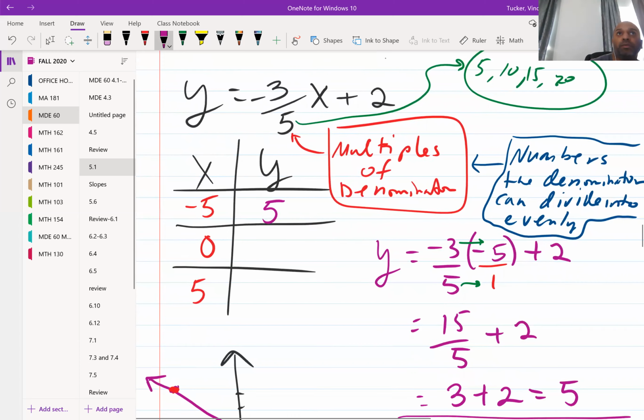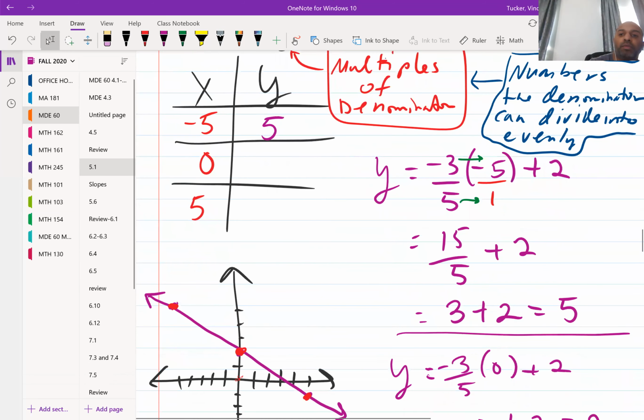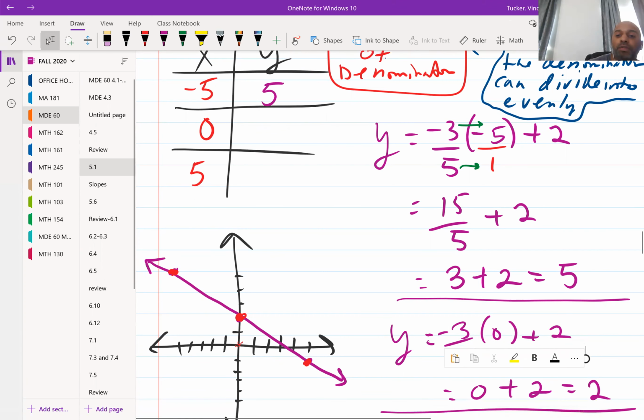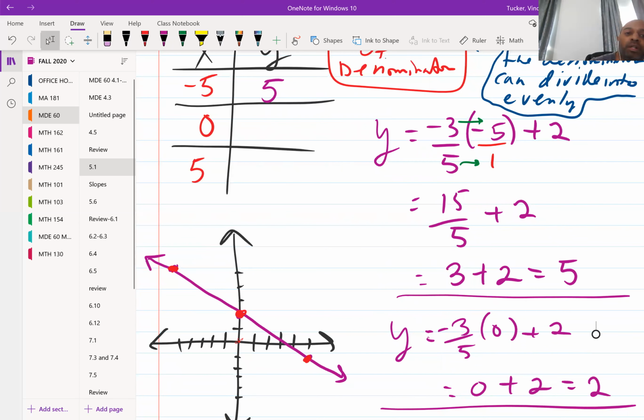All right. Plug in 0. 0 is always a good number to use because anything times 0 is 0. 3/5 times 0 is 0 plus 2. That'll be 2. So when x is 0, y is 2. All right.